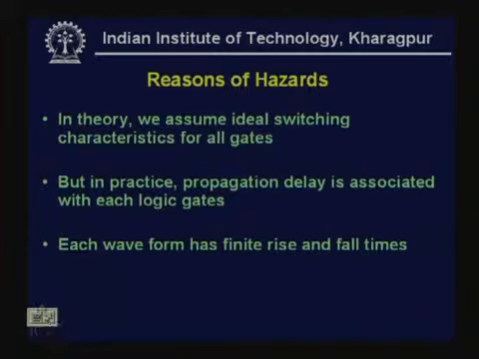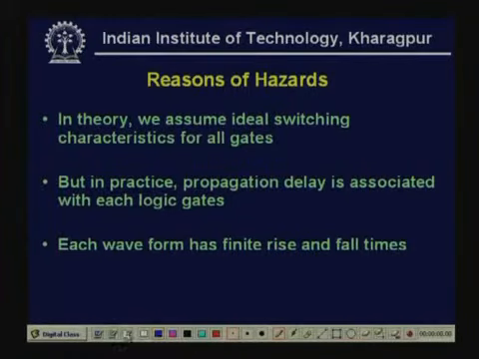What do we mean? See, just now what we have drawn, whether it is an AND gate or an inverter, it is taking some time to do this operation, to do this AND or to do this inversion.